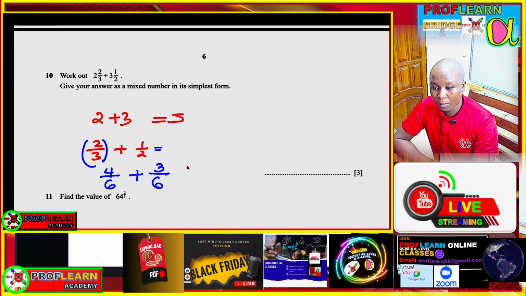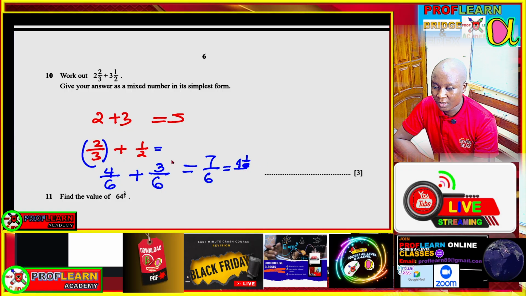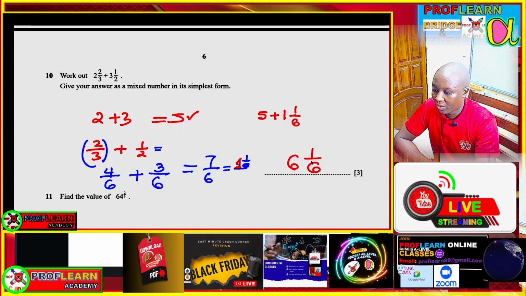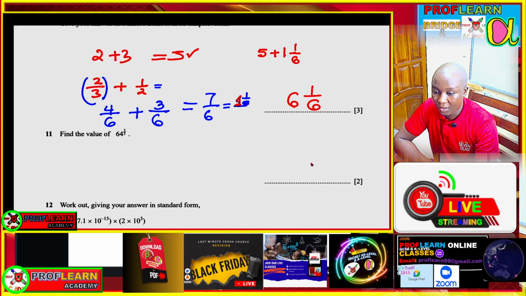So you see they have a common denominator. You can have 7 over 6, and that is going to be 1 and 1 over 6. Then I can add the whole numbers again. 5 plus 1 will give us 6. Then this is going to be 6 and 1 over 6 as our final answer at that given point.